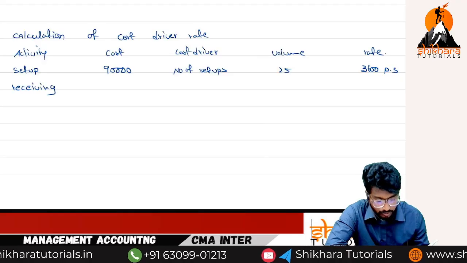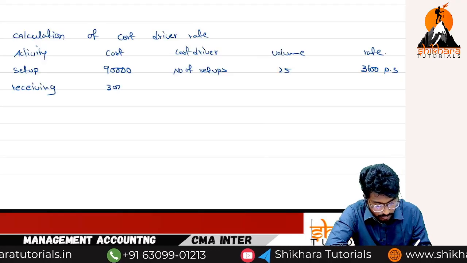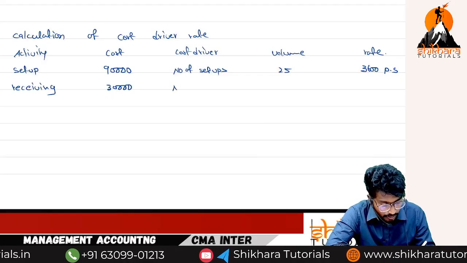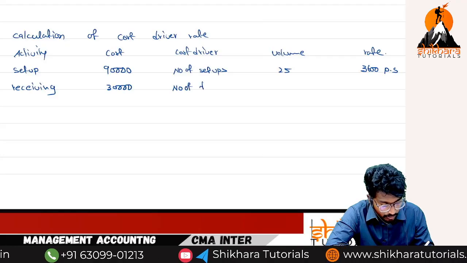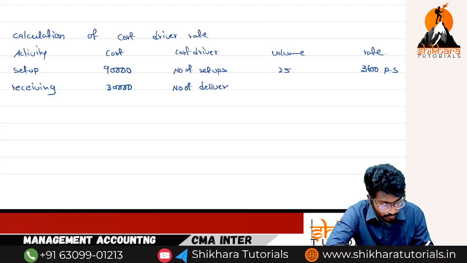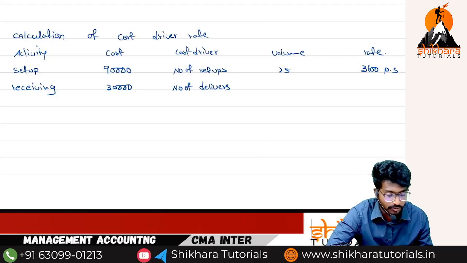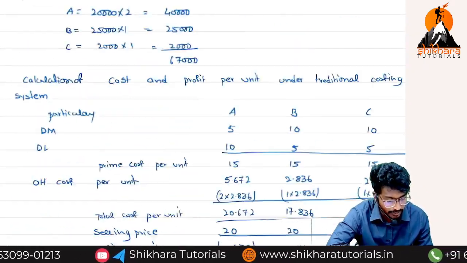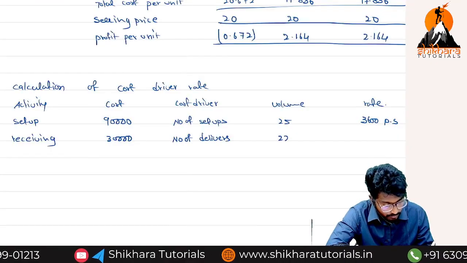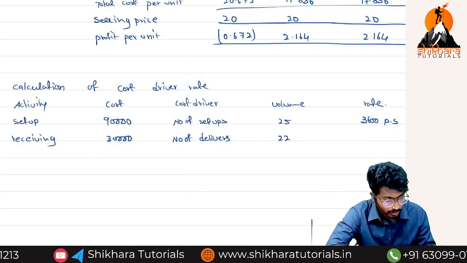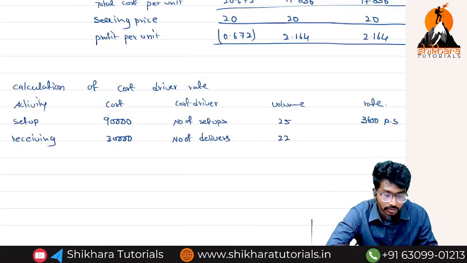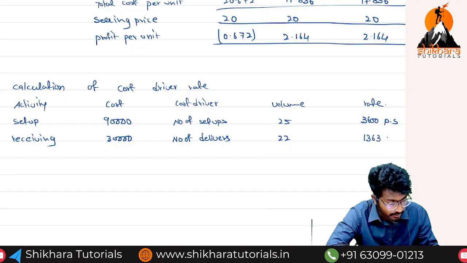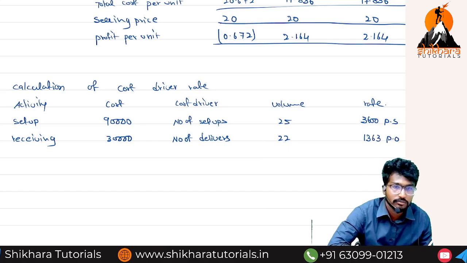Next, receiving, 30,000. Cost driver is the number of deliveries received. Now volume in total how much? 22. Rate: 1363 per order.